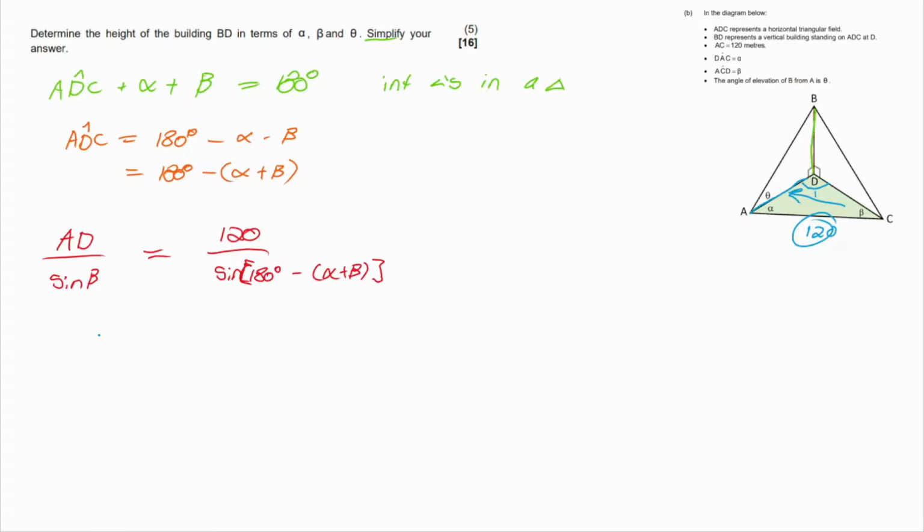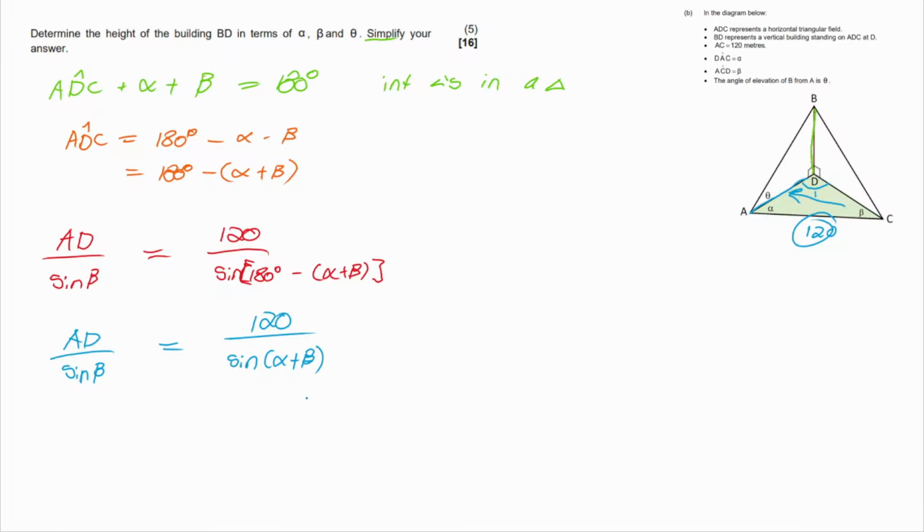Let me simplify this, because this is just in the second quadrant and sine is positive there. So essentially what I get is AD over sine beta is equal to 120 over sine of (alpha plus beta).